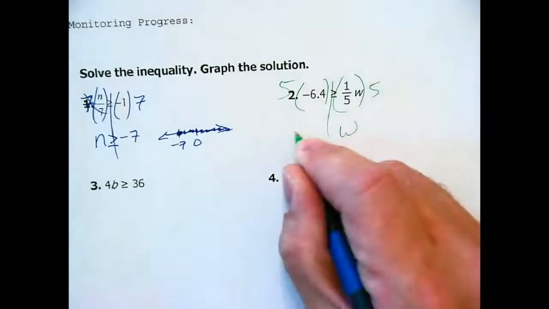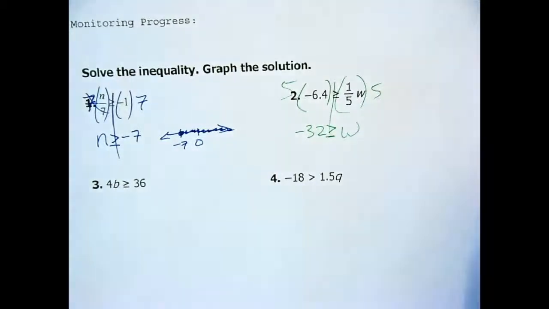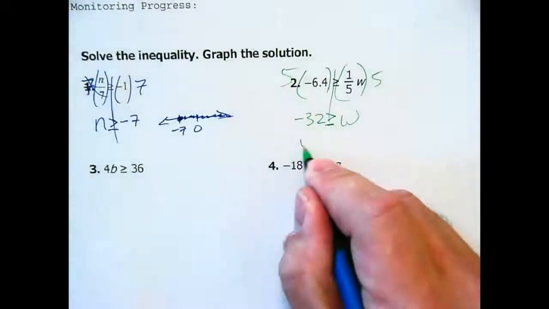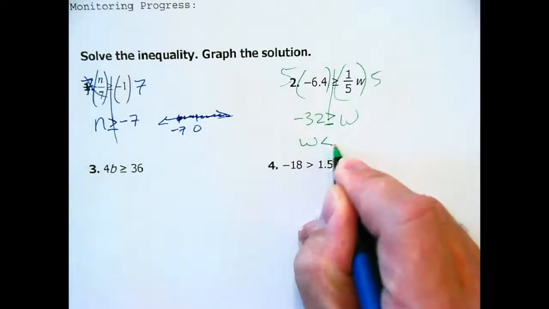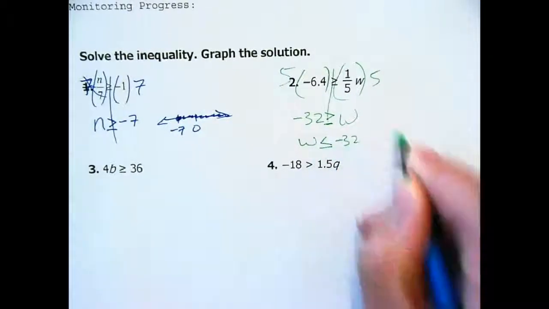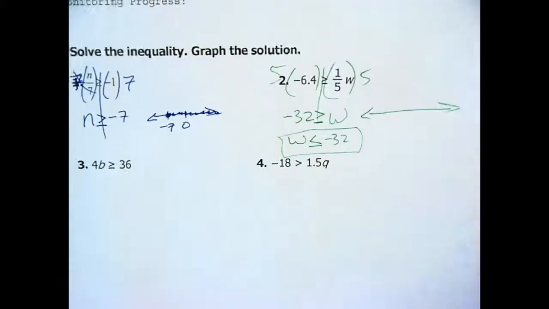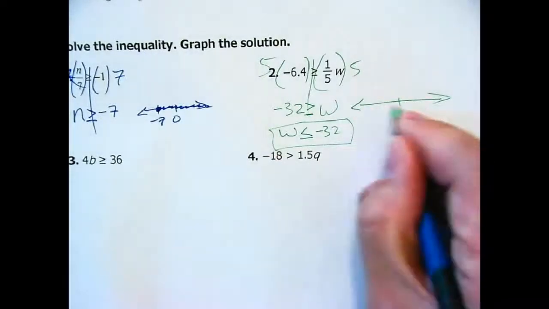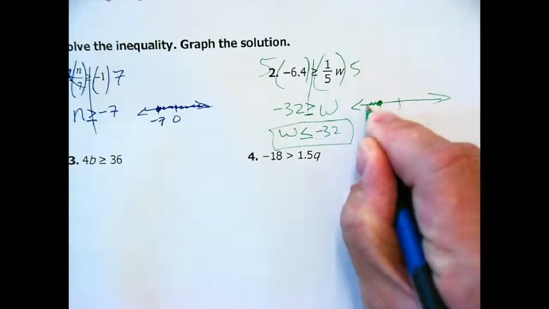It is negative 32. That's fine as long as it's a terminating decimal, it works out. I'm going to flip this around so I can look at it like that. So then it tells me negative 32, closed, and it shades that way.